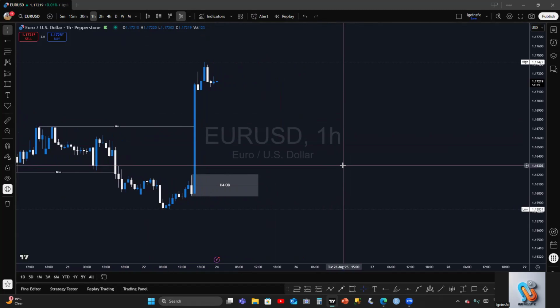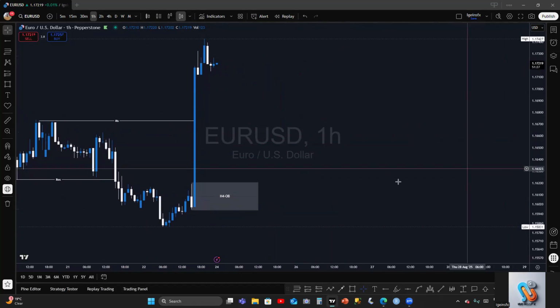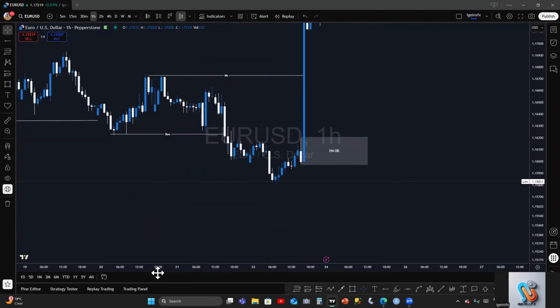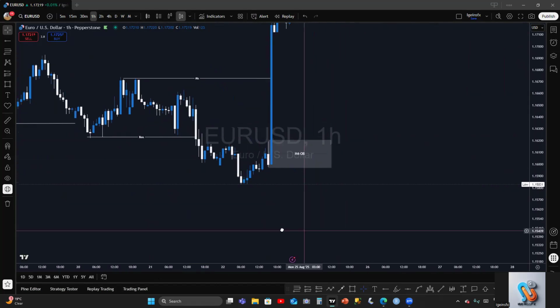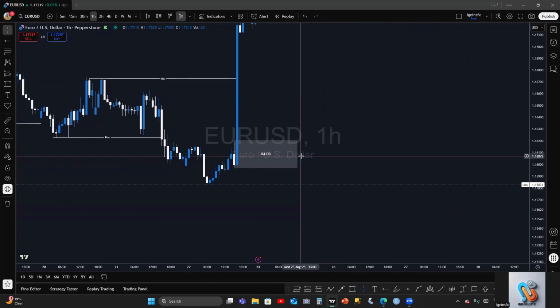Now it's very simple. If you prefer taking your trade from 15 minutes, all you need to do is go to the 15-minute time frame because you have already identified the order block.